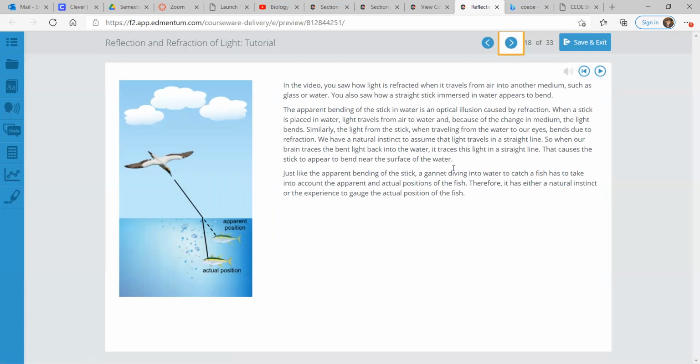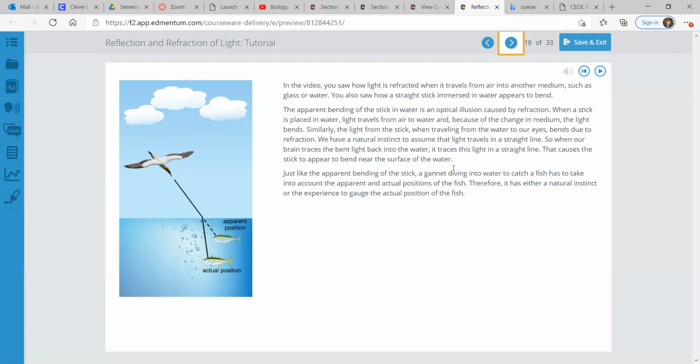You saw how light is refracted when it travels from air into another medium like glass or water. You also saw how a straight stick immersed in water appears to bend. The apparent bending of the stick in water is an optical illusion caused by refraction. When a stick is placed in water, light travels from air to water, and because of the change in medium, the light bends.